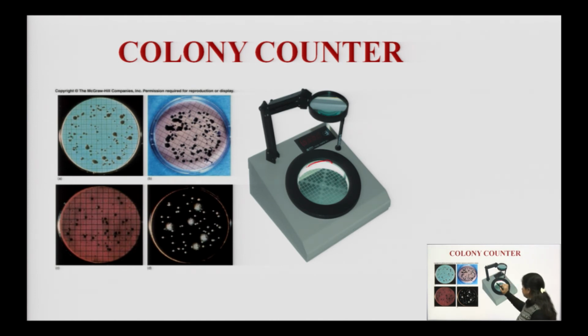Once you have placed the Petri plate containing colonies, we can observe with the help of this lens, and we have a marker pen with which we can mark the colonies, and we can easily count with the help of the colony counter. This one is the colony counter, and we can count whatever colonies are generated within the Petri plate.